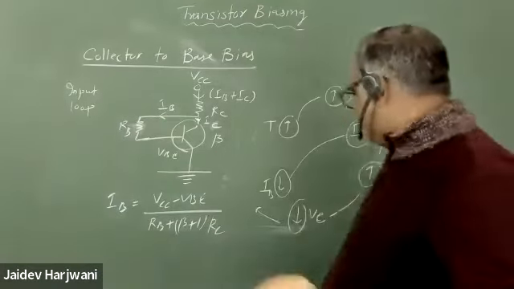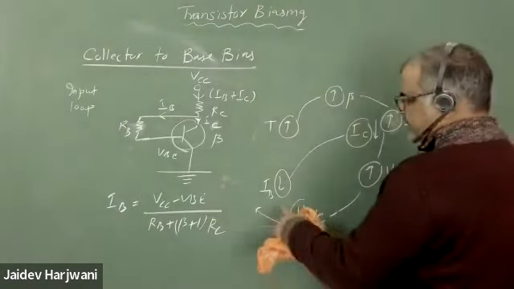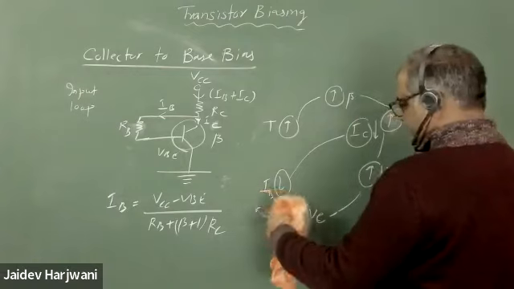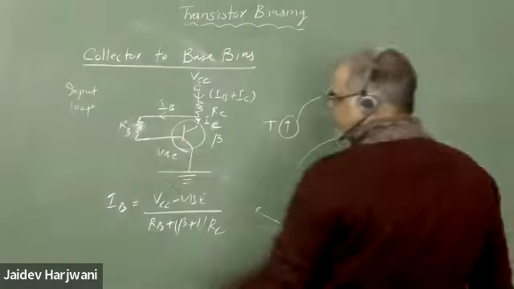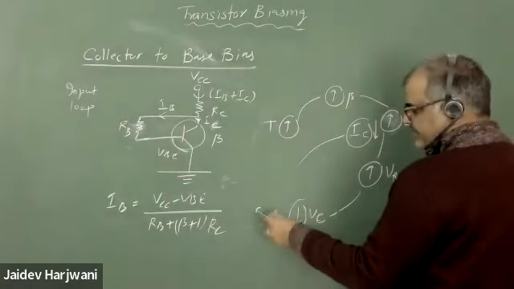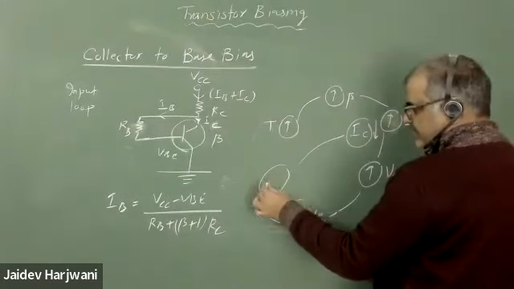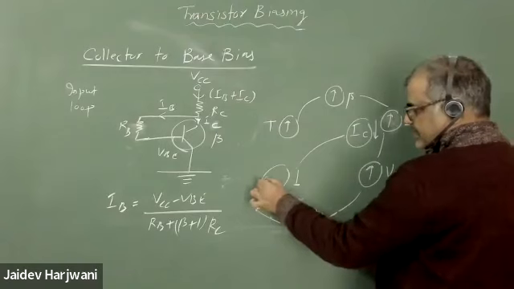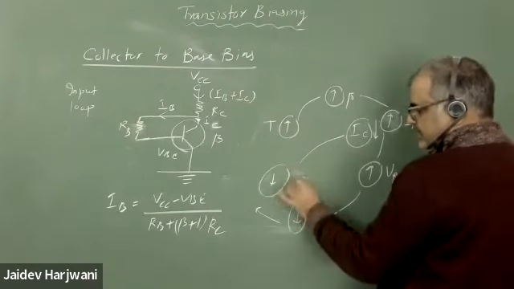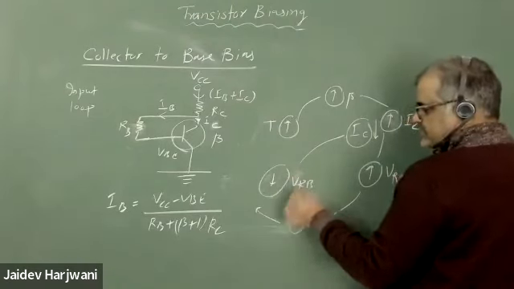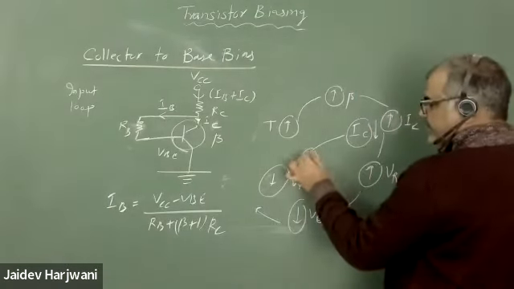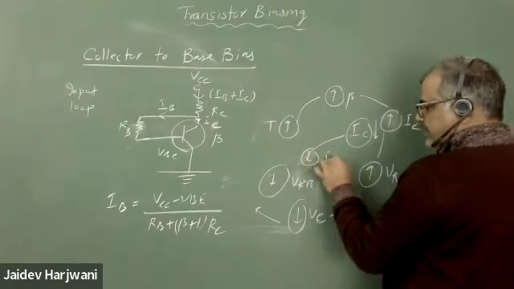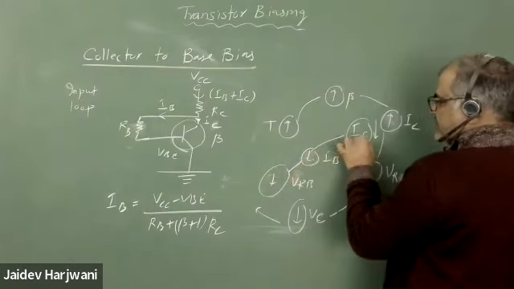If VC decreases, then what will happen here? The voltage drop VRB will also decrease. Now RB is fixed, VRB decreasing means your IB is decreasing. IB decreasing means your IC is decreasing.